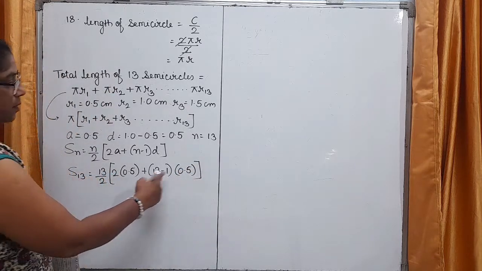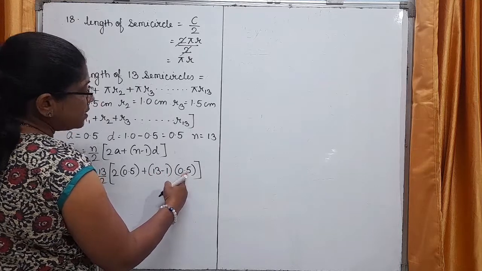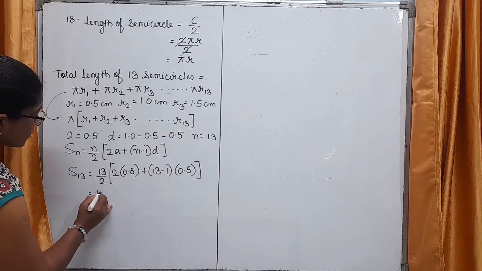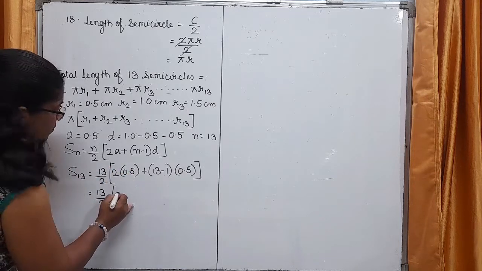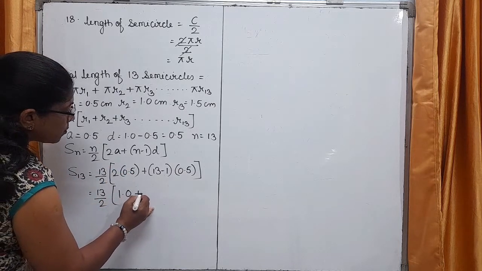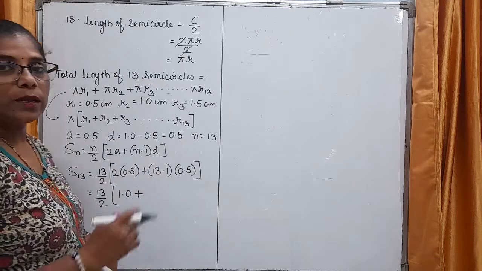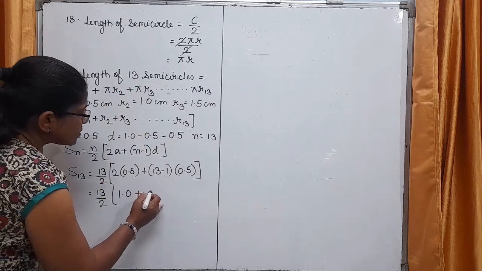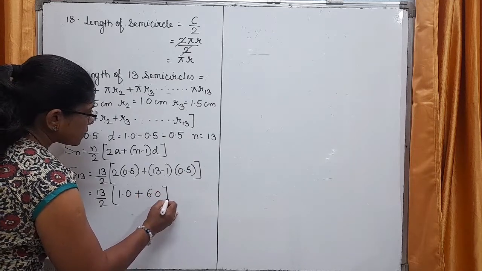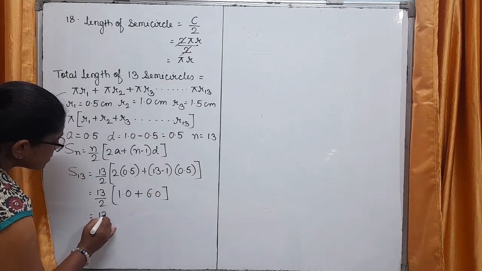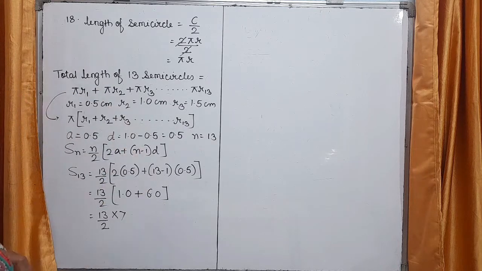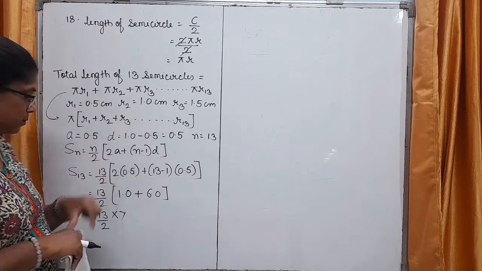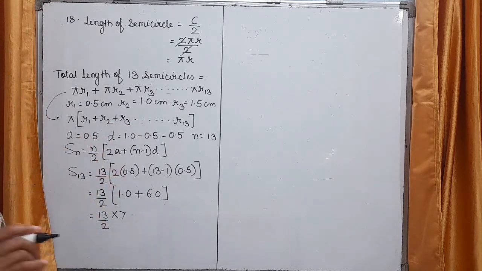The total number of terms is 13 and d is 0.5. So 13 upon 2, 2 into 0.5 is 1.0, plus 13 minus 1, that is 12, 12 into 0.5 is 6.0. So here it is 13 upon 2 into 7, since 1.0 plus 6 is 7.